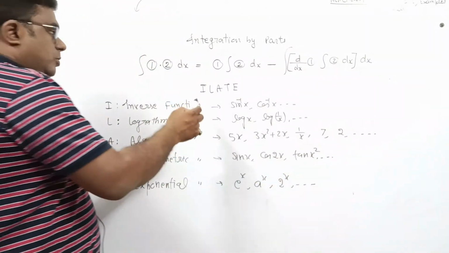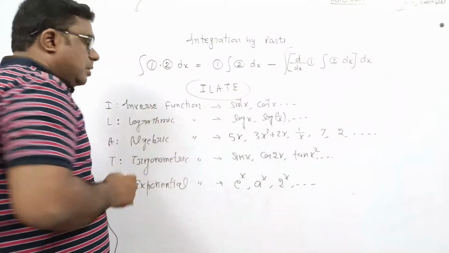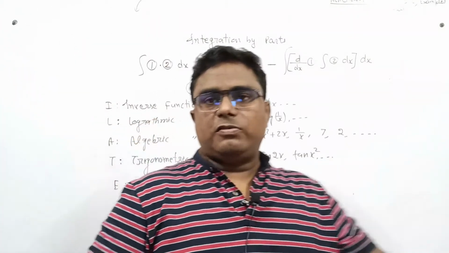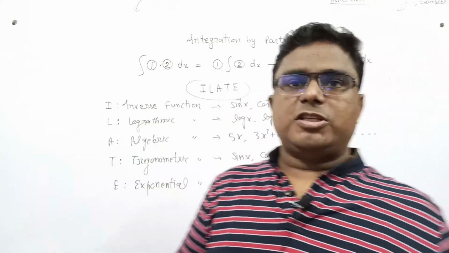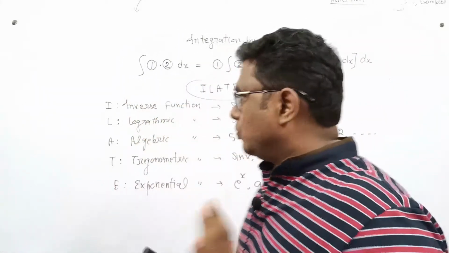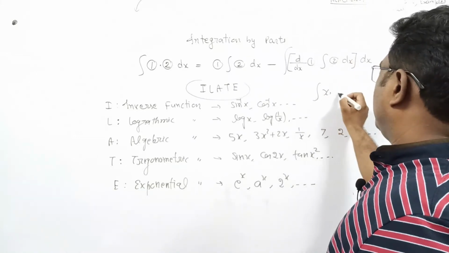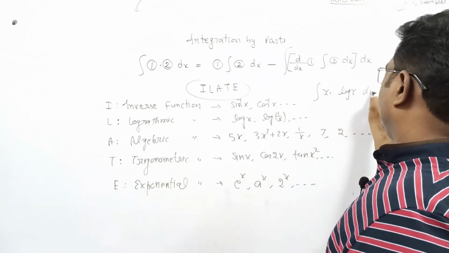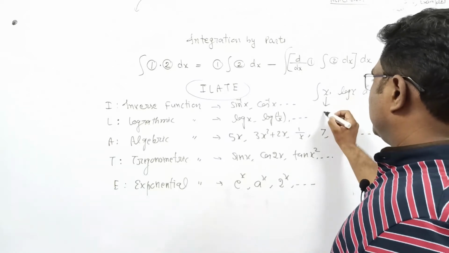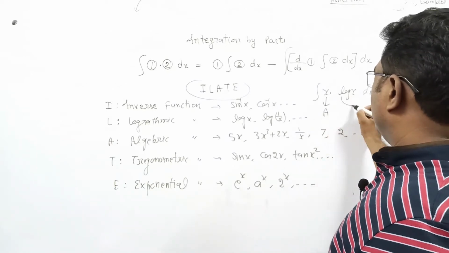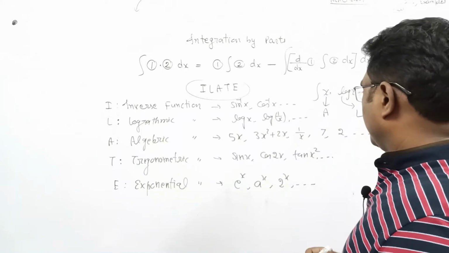So how will you use these letters to detect which function is to be taken first and which is to be taken second? Suppose in your question two functions are there. Suppose x and log x are given to you. So this x is in the category of algebraic and this log is in the category of log.